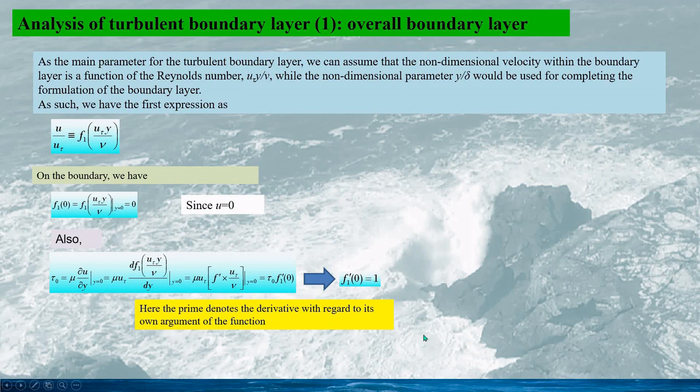Here, the prime denotes the derivative with regard to its own argument of the function. So if we put all this together, we can have an approximation for the function f1 as this. This expression is valid for the viscous sublayer, where the Reynolds number based on the friction velocity and y is smaller than 5.